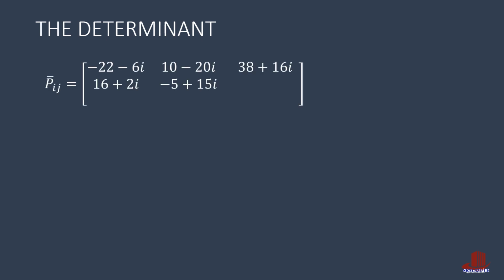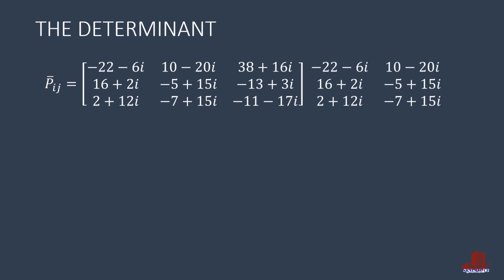The third operation in the requirement is to take the determinant of the cofactor of P bar. And since what we have is just a 3 by 3 matrix, we can use Sarrus' rule. By this method, we are to start by mirroring the first two columns before multiplying.